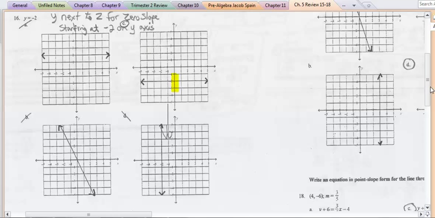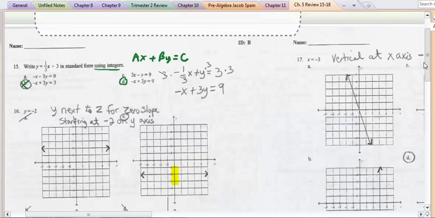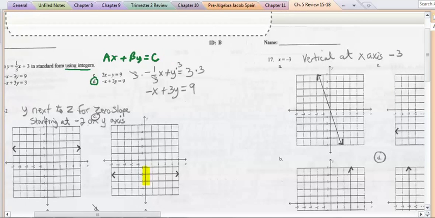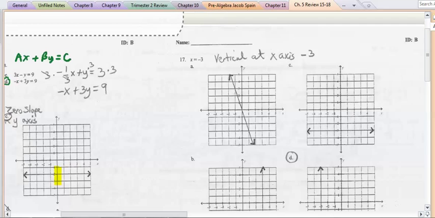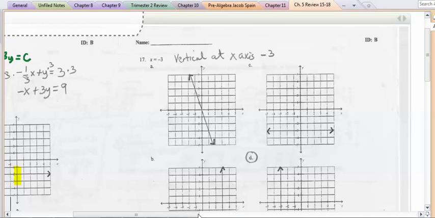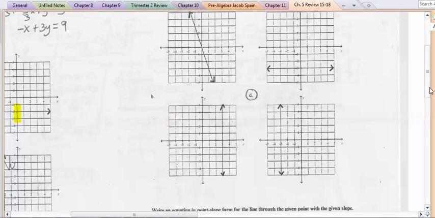It's number 16. Number 17, we're looking for a vertical line because it's x is equal to negative 3. Looking for an up and down vertical line, and at negative 3, it's right here, so it's letter D.